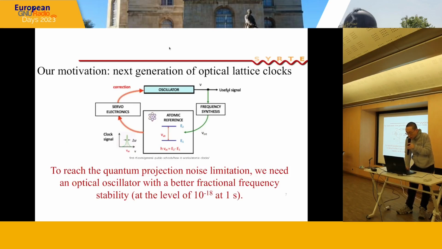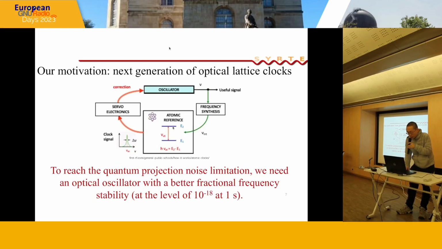One is the useful light signal, and the other one goes to the frequency synthesis procedure, and then to the atomic reference. The atomic reference usually has two energy levels that provide a reference frequency between these two energy levels.